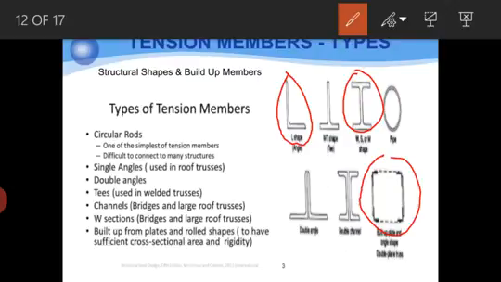That's why I mentioned here to have a sufficient cross-sectional area and rigidity. When a single section does not provide sufficient area, or is not able to carry the load, built up sections are used. Tension members in bridge trusses are made up of channel or I sections acting as built up sections. So these are some of the sections used as tension members.